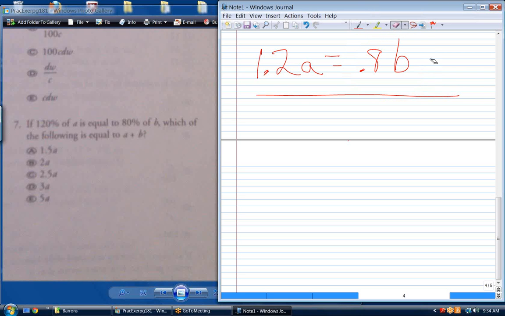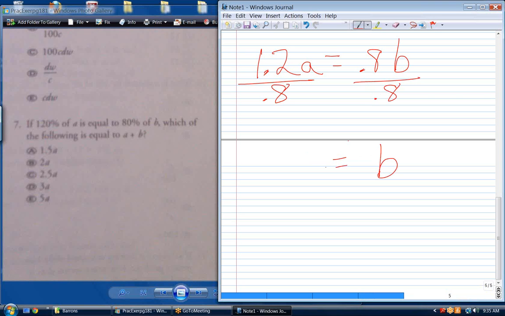Well, divide by 0.8. Okay, so now B is equal to what? That's 0.15. 1.5, right? Did you say 0.15 or 1.5? 0.15. It's actually 1.5. Yeah, 1.5, okay.